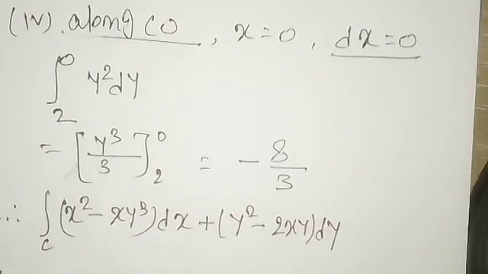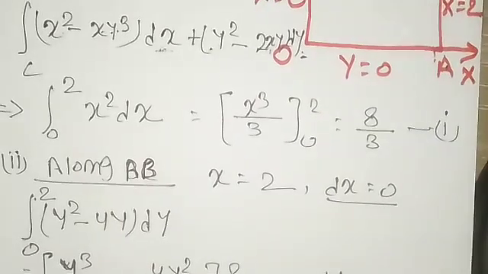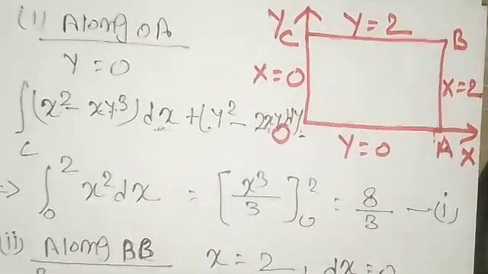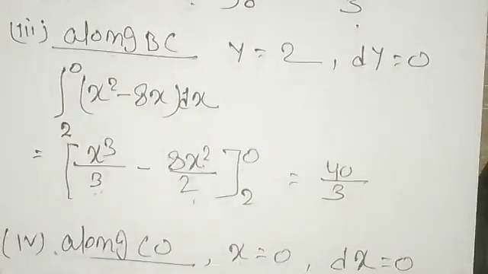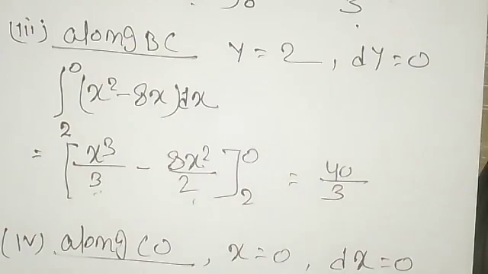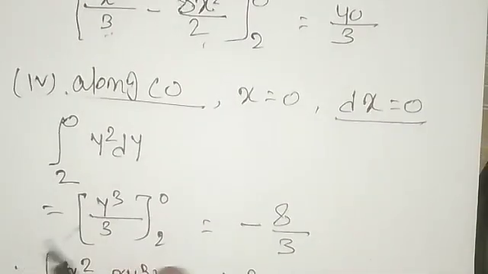Cyclic means what? You have to add all the curves. So along curve 1, along OA we have 8 by 3, right? AB you have minus 16 by 3, and BC you have 40 by 3, and CO is nothing but minus 8 by 3.